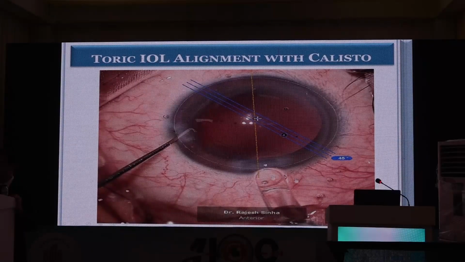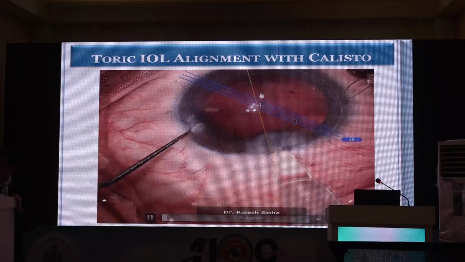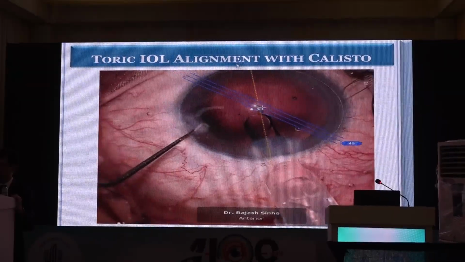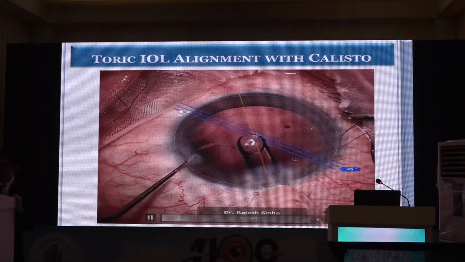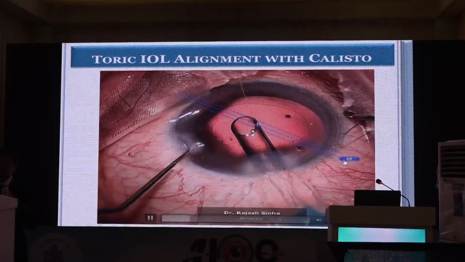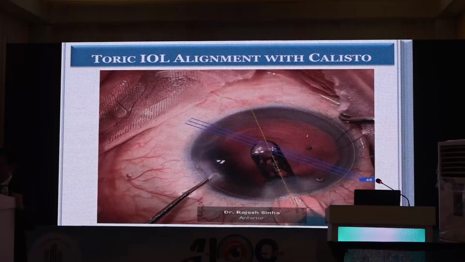I'll just show you a small video clip. So this is the reference marking. You make the incision along this reference marking, and this is the central line; the blue line is the line along which you have to align the IOL axis.